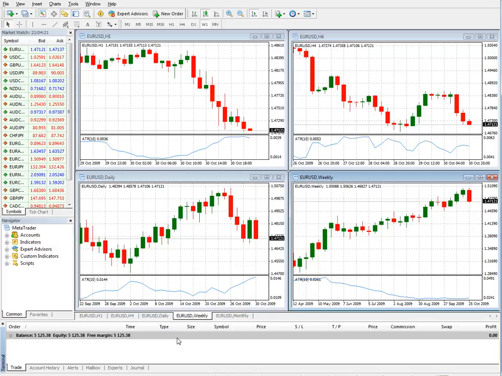Now, there may be people out there thinking, well, why in the world didn't we go for that $1,250? And the reason is that going for that $1,250 would have required a larger than reasonable amount of risk.